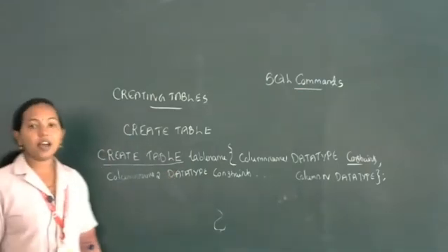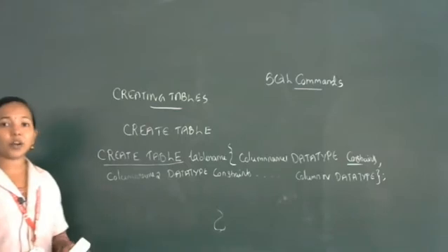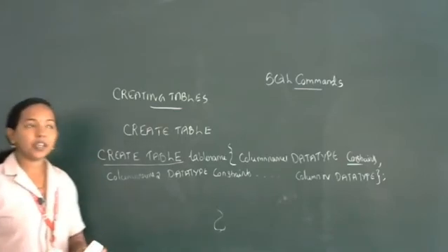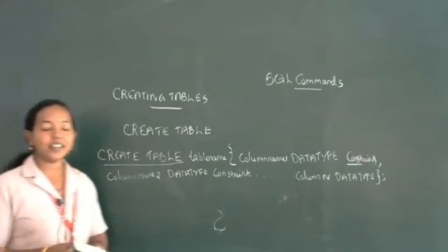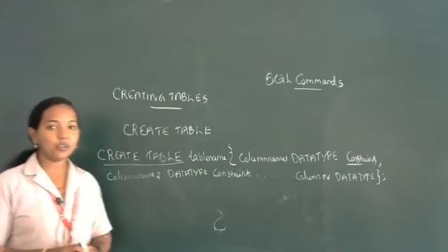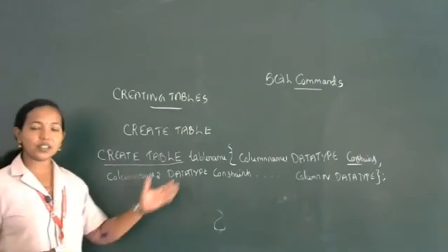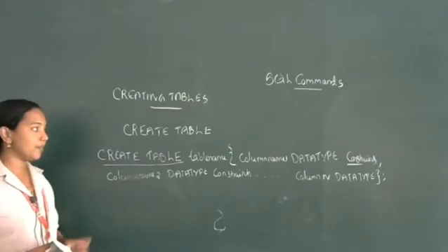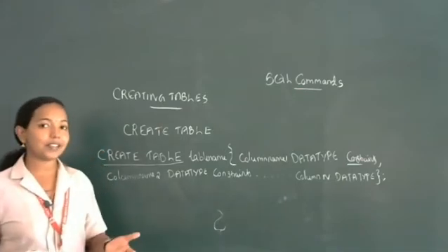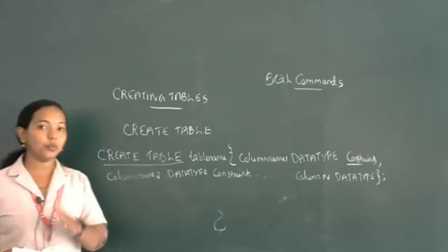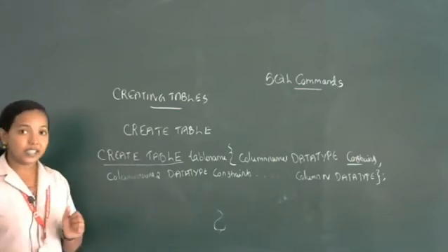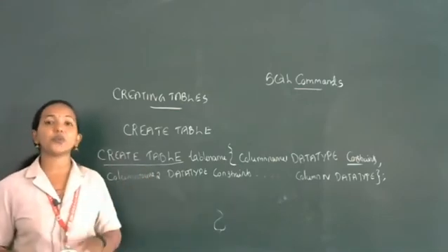So when we are giving a table name for our table, you want to follow some rules. In plus one we studied rules for creating identifiers. So all these rules relate to the table name. For creating a table name, you can use all the uppercase characters, capital A to capital Z, small a to small z, and also the digits from 0 to 9.